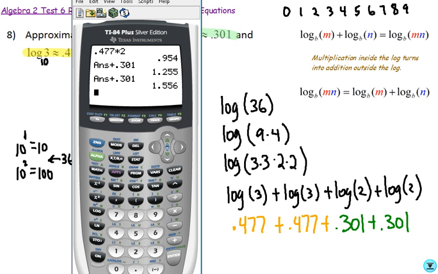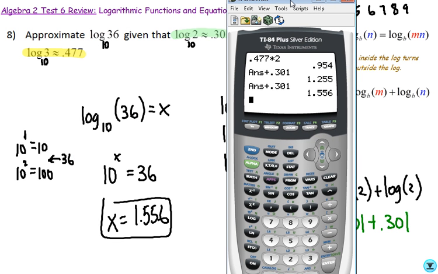If I did 10 to the 1.556, let's see if we get close to 36. We get 35.97, which is close enough to 36. So I showed you that at the end.